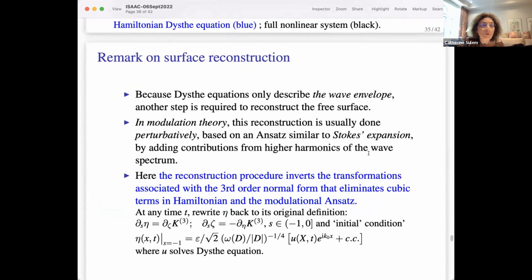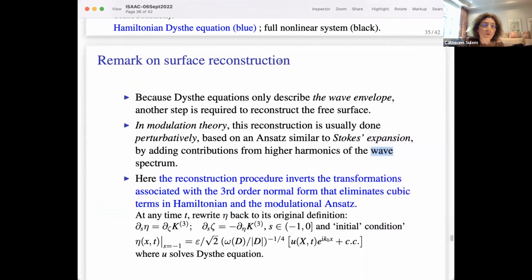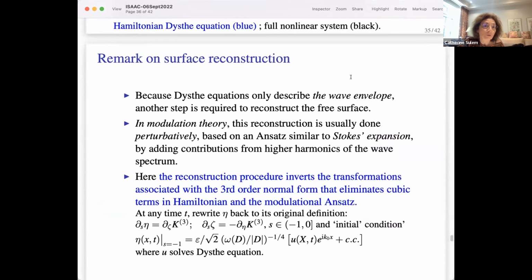To be able to compare the constructed wave against the true solution of the Euler problem, one has to undo the change of variable that we did through this normal form, through the surface reconstruction. In classical modulation theory, the reconstruction is done perturbatively by an ansatz similar to the Stokes expansion, by adding higher harmonics to the wave spectrum.